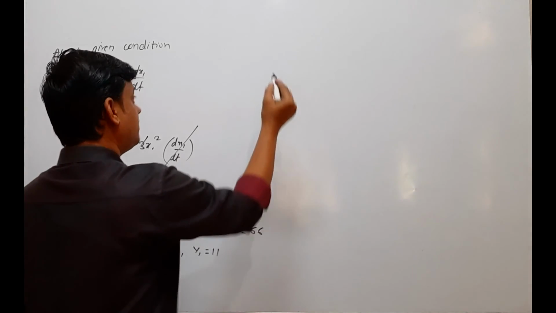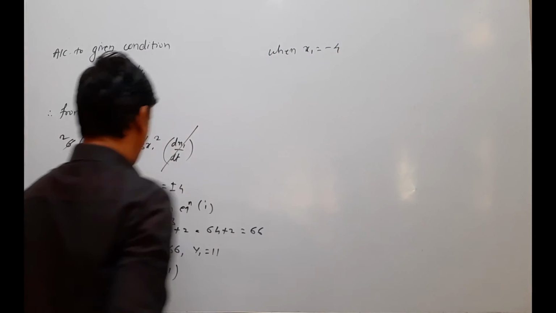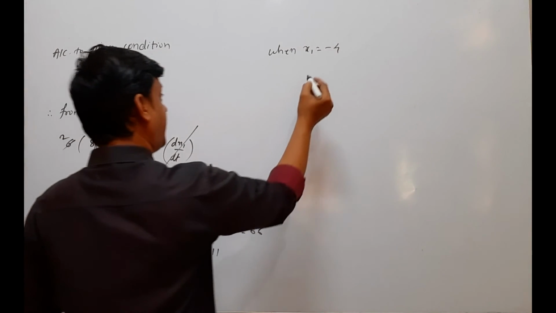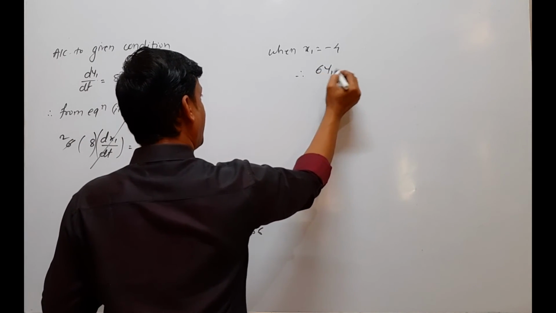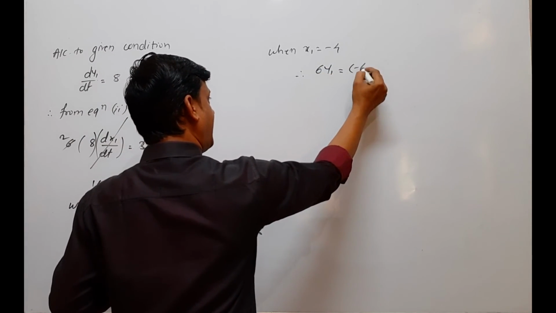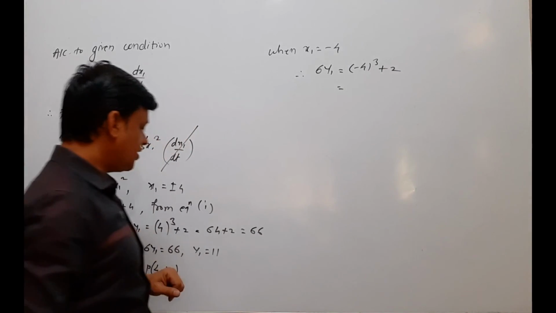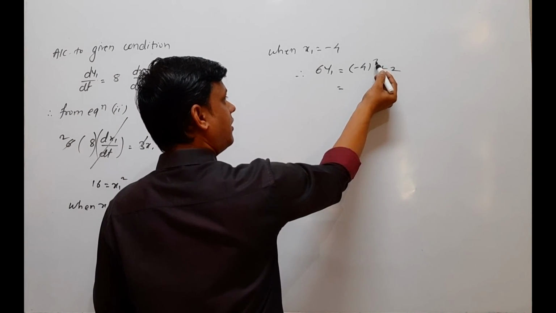So we write when x1 equals minus 4. In place of 4 we have to write minus 4. So from equation 1, 6y1 is equal to minus 4 cube plus 2. Minus 4 cube we get minus 64 because the power is odd.